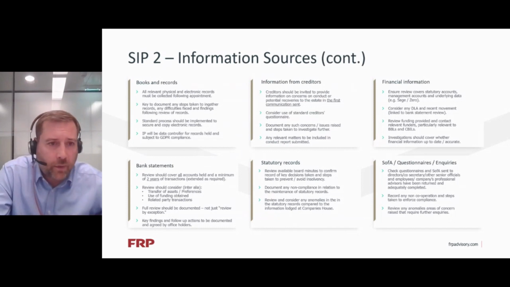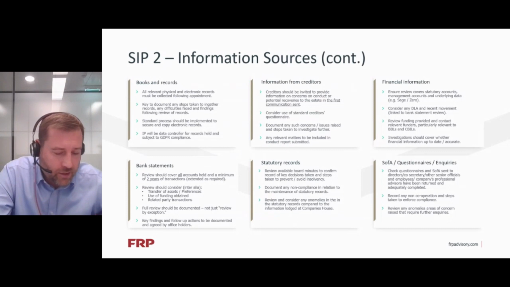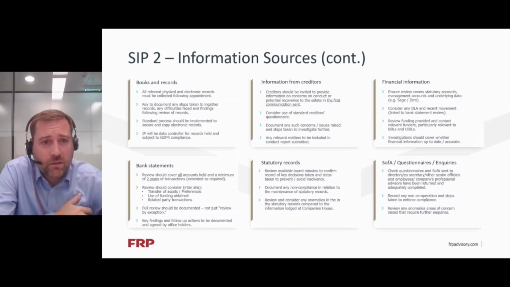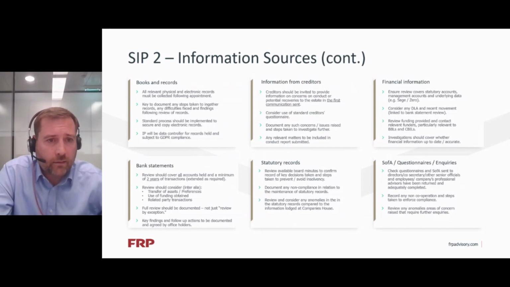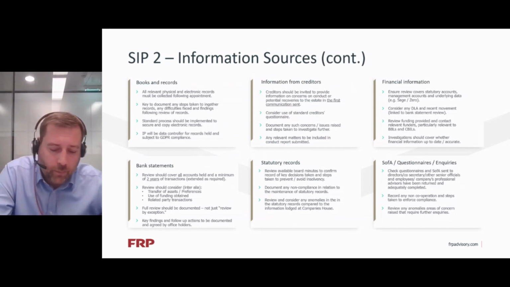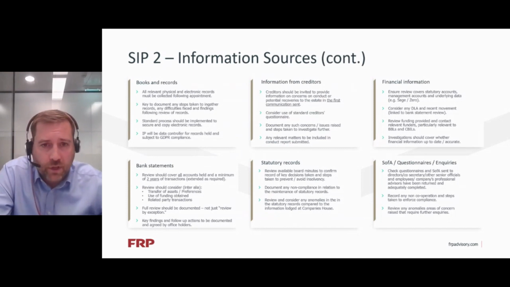Bank statements, as I mentioned, a key aspect of a review process, that they should cover a minimum of 2 years. But again, that should be extended as required if there's potential gratuitous transfers to connected parties, but also to investigate COVID support schemes. We're now 3.5 years since COVID started, if you can believe it.